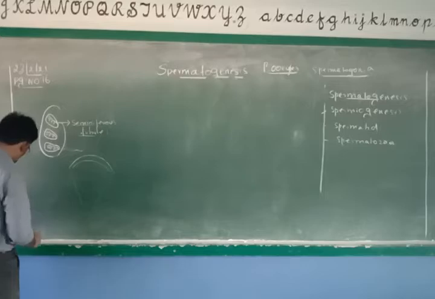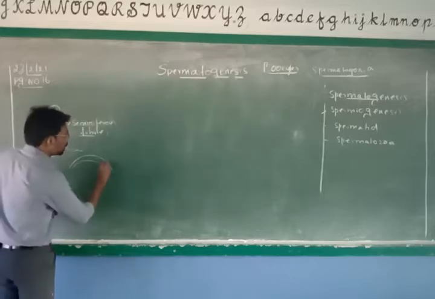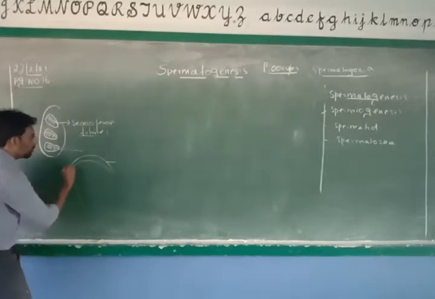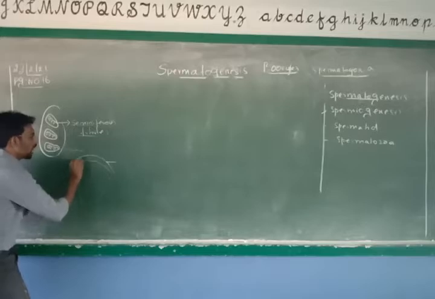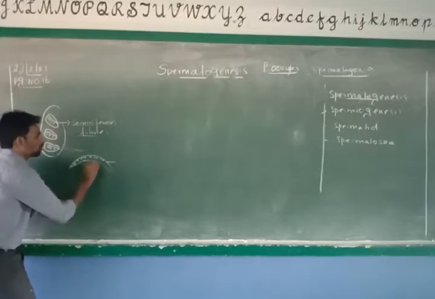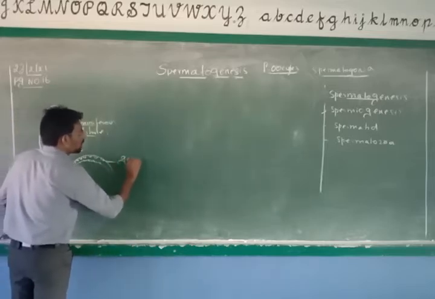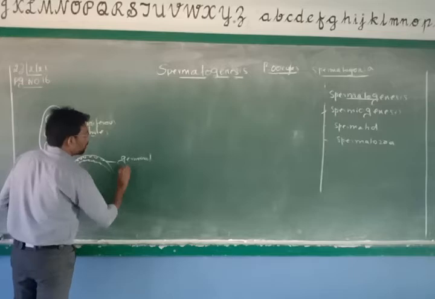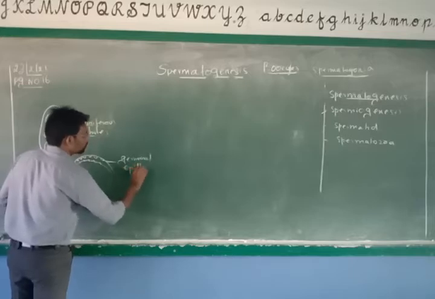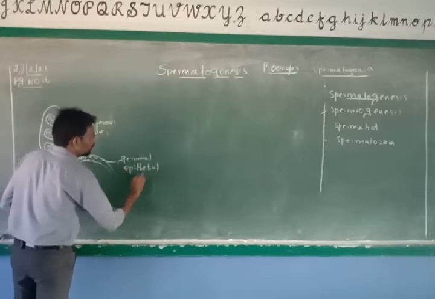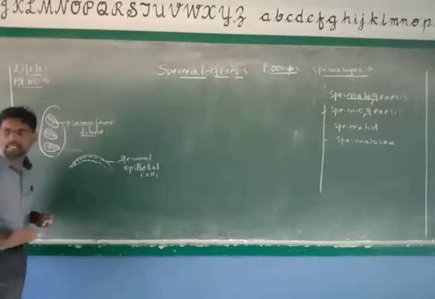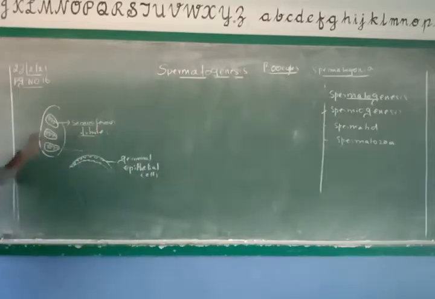Okay, now this is the seminiferous tubule. Inside you will have a lining of cells like this. These cells are called germinal epithelial cells. Understand? Right? This is the seminiferous tubule. I have taken a cross section.